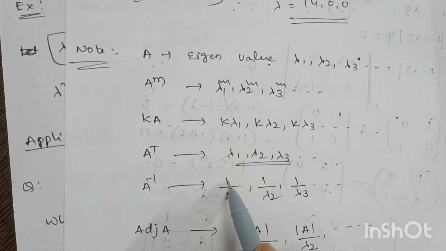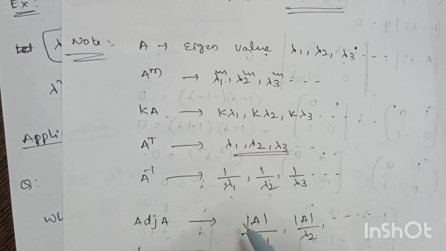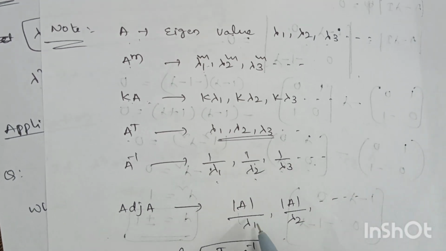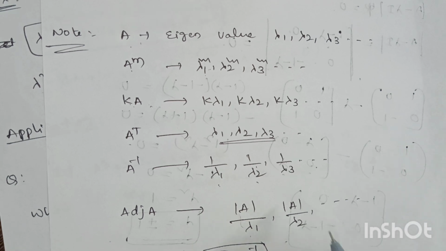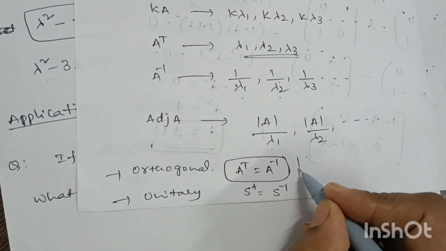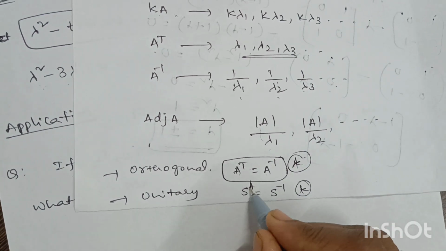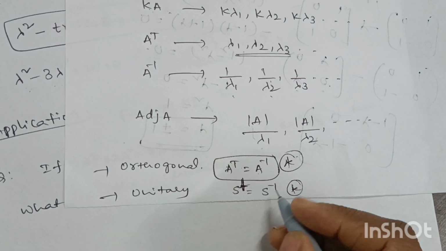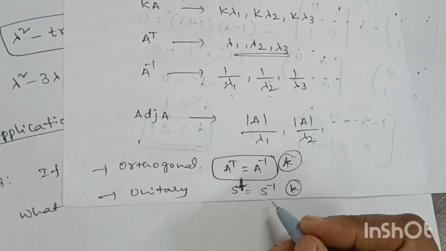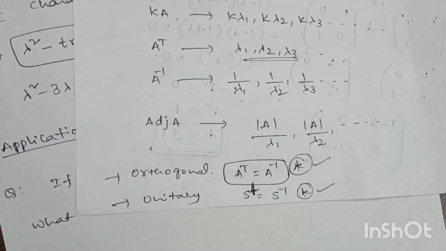For A inverse, 1 by lambda 1, 1 by lambda 2, 1 by lambda 3. For adjoint A, det A by lambda 1, det A by lambda 2, and so on. For orthogonal, A transpose equals A inverse. For unitary, A dagger, this is the dagger, not transpose, is equal to A inverse. So what is dagger? I explained all these things in the previous theory.